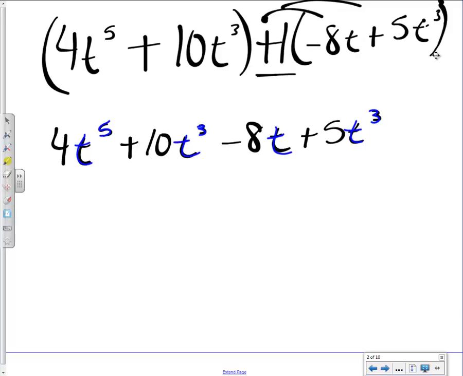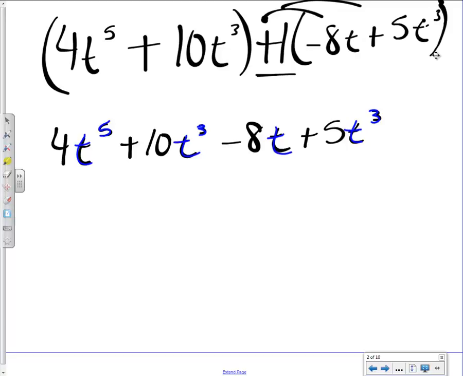You can start thinking of t to the fifth as cats, t to the third as dogs, and t's as goats. I don't know. Very, very different categories. So they cannot go together unless they match exactly. I'm not talking about the numbers in front of them, the coefficients. You will add and subtract the coefficients once you find a category or a label that matches.